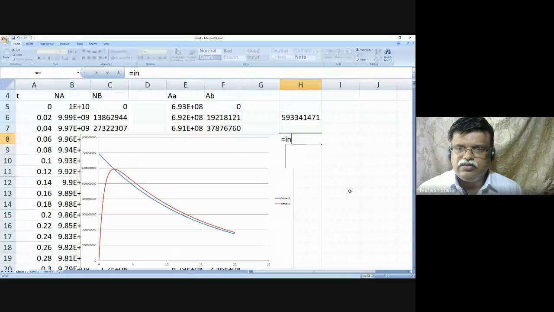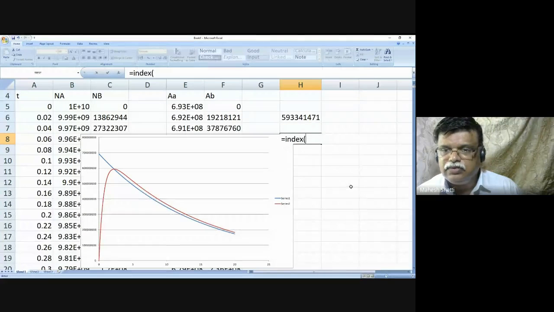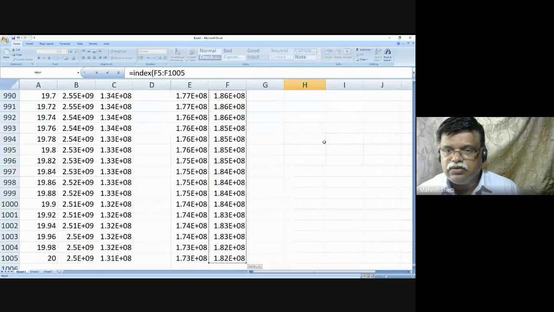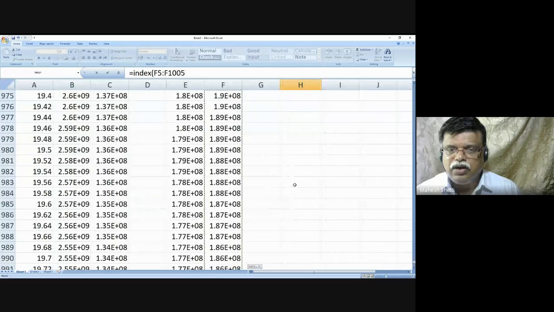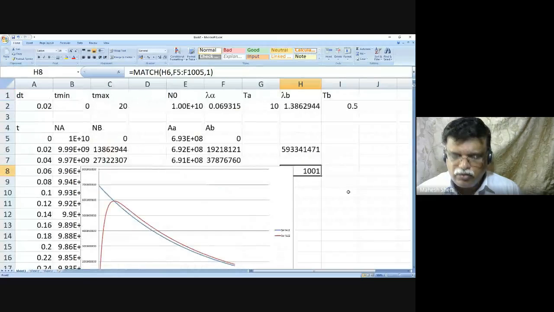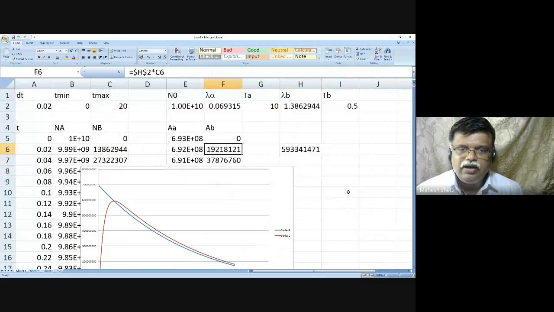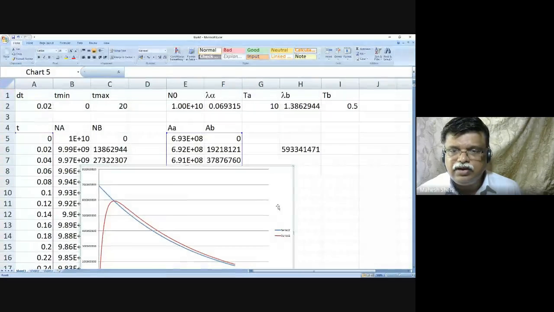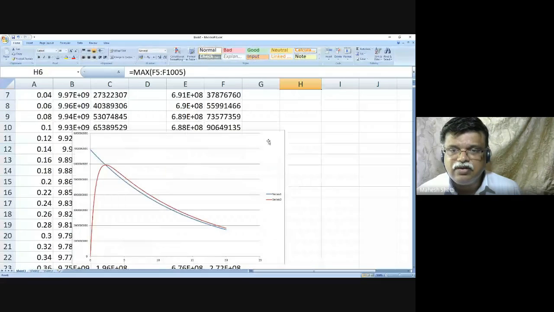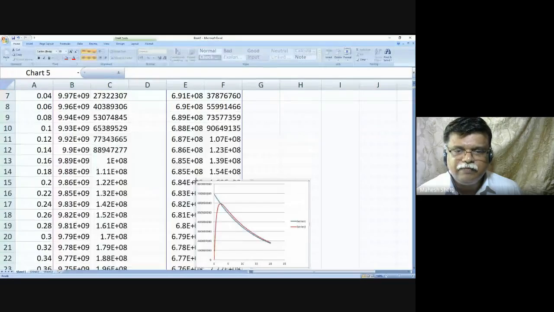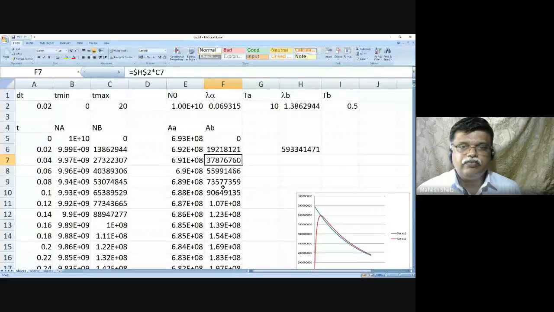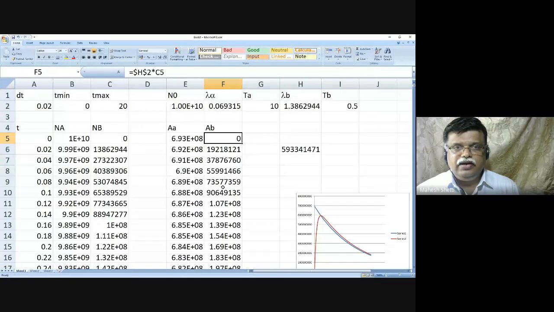Let me use this index function. No, I don't have to use index. I have to do the matching only, but it has to go on decreasing, right? So let us find out where this is maximum. Let me reduce this to C5.